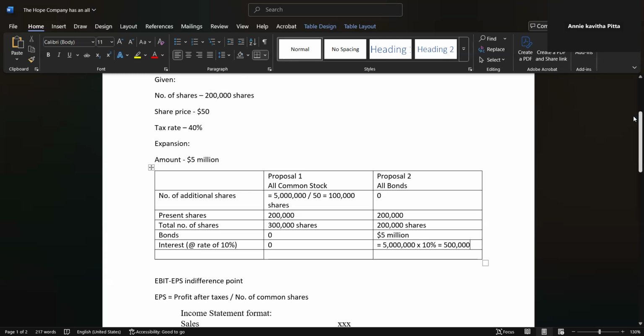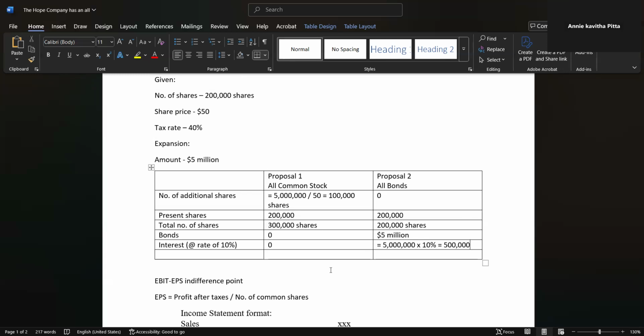That is the meaning of indifference point. For some EBIT, when EPS is calculated, at that EBIT point, EPS will be the same. No difference, indifference point. But first, let's look into the formula of EPS.